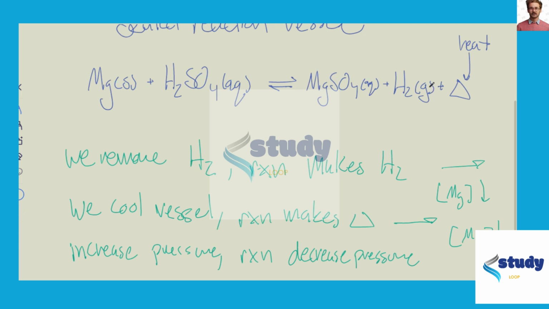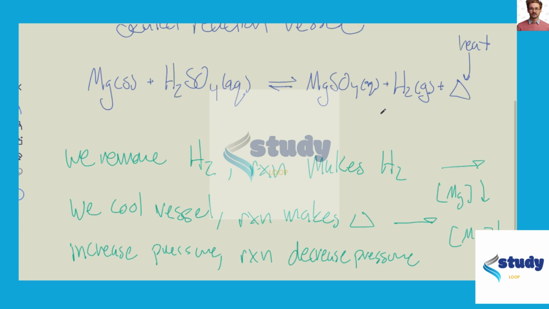All that matters is gaseous species, meaning as we move from left to right, we create H2 gas, and creating H2 gas increases the pressure. It's like when you blow air into a balloon, it increases the pressure in the balloon. Well, moving from left to right creates gas, which is like blowing air in, increasing the pressure in our system.